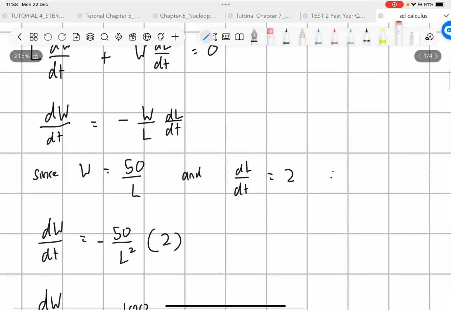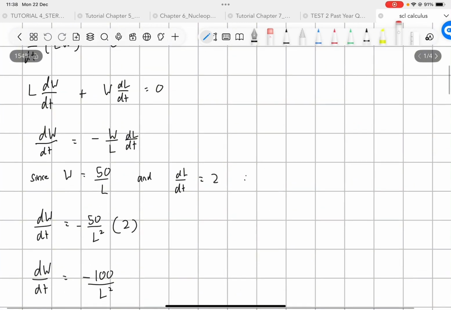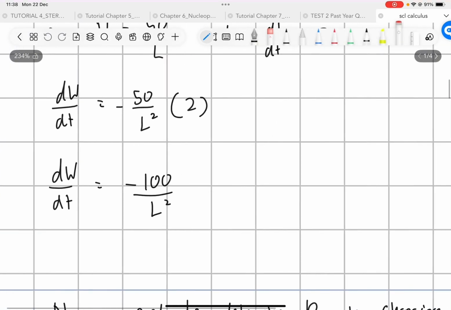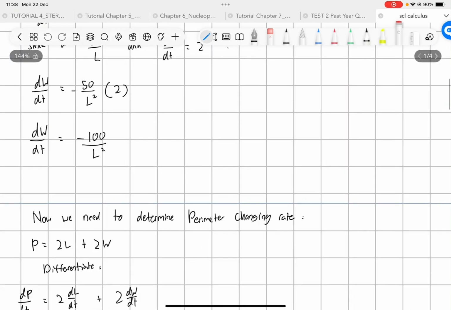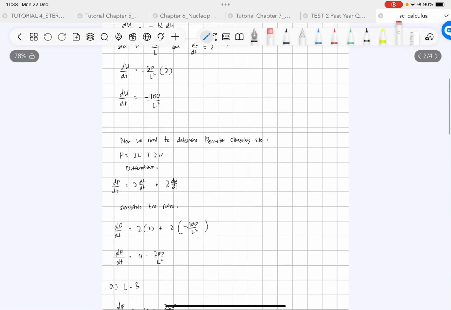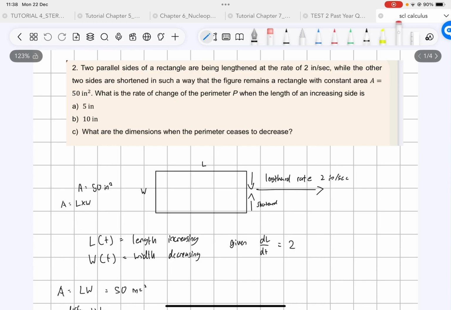By having these two pieces of information, we can substitute the numbers into the equation, and we get dw/dt equals negative 100 over L squared. Now they are asking us what is the rate of change of the perimeter.